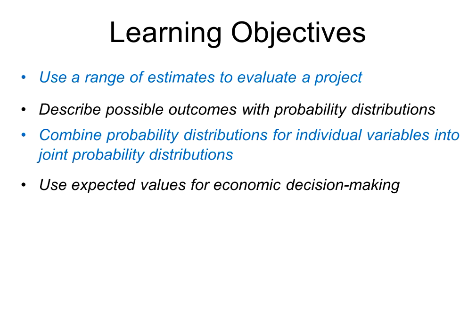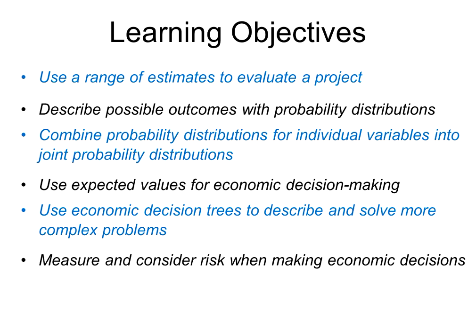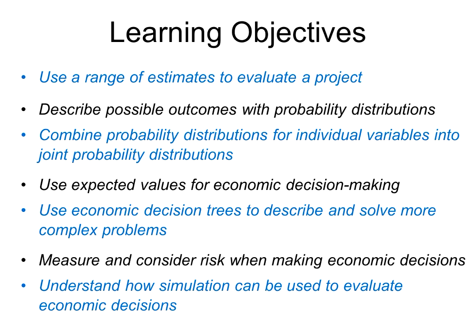And we will use expected values for economic decision making, and we will use economic decision trees to describe and solve more complex problems. We will also measure and consider risk when making economic decisions. And last but not least, we will understand how simulation can be used to evaluate economic decisions.